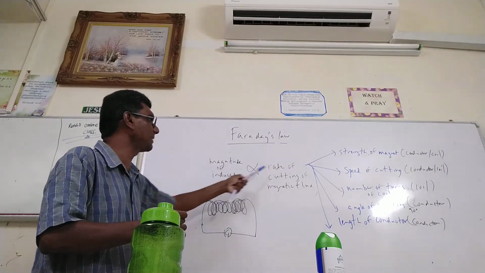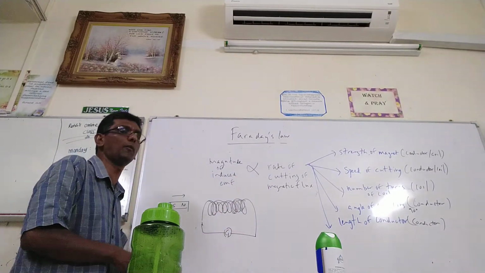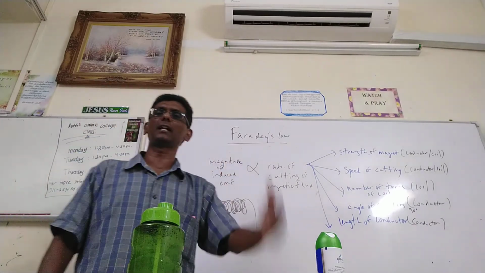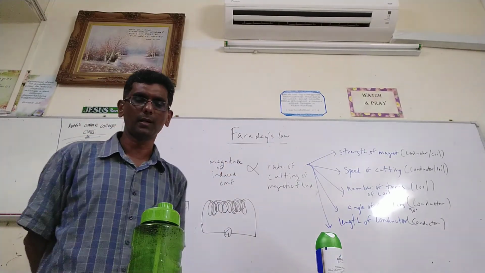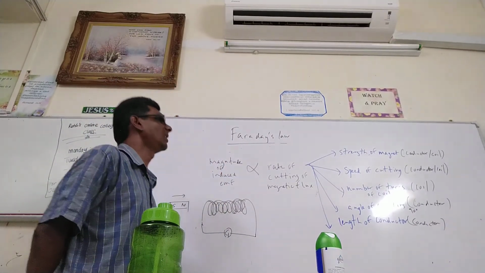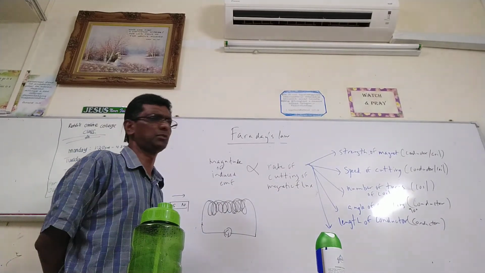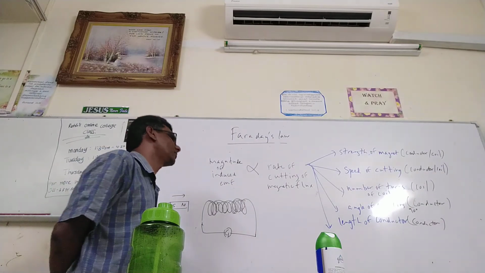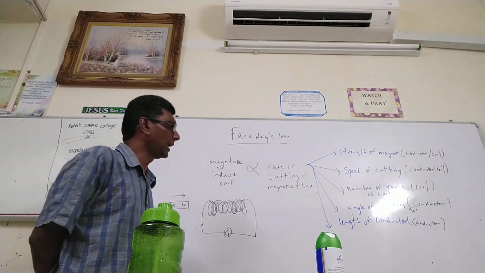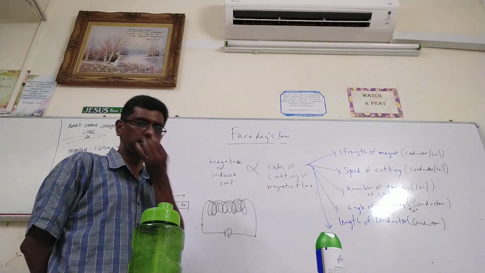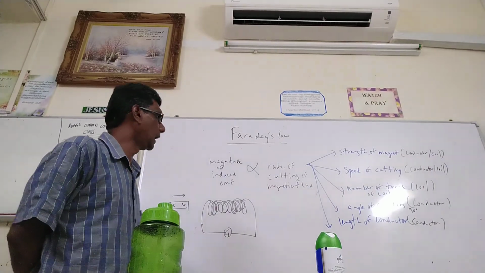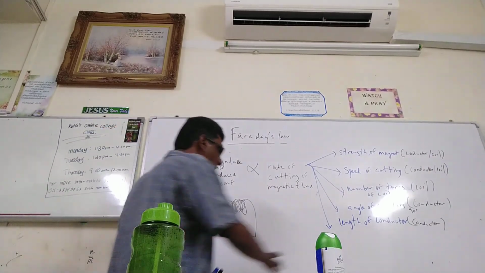So: strength of magnet, speed of cutting, number of turns of coil, angle of cutting, and length of conductor. So I'll illustrate to you.